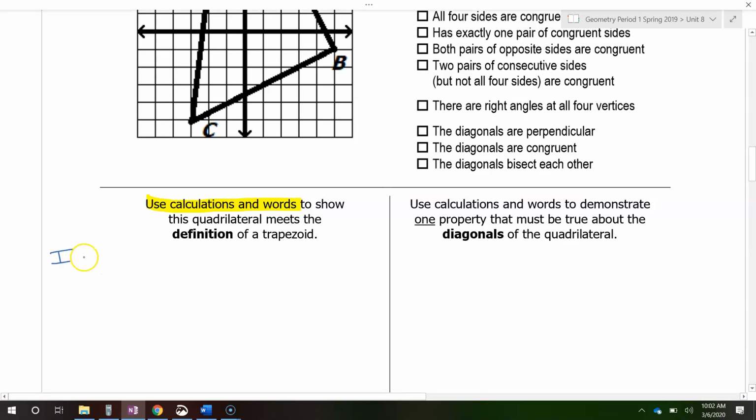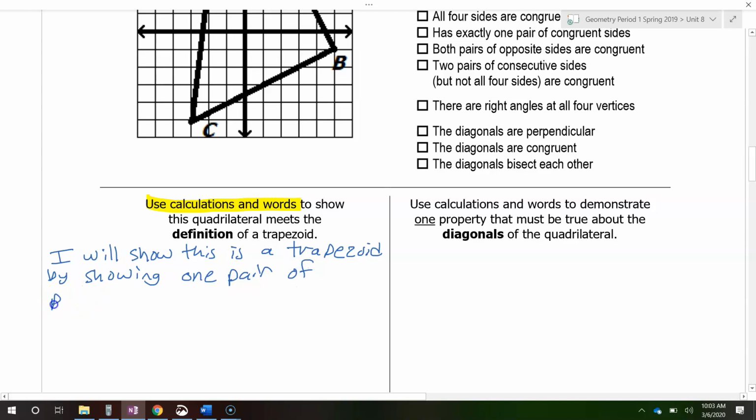I will show this is a trapezoid by showing one pair of parallel sides, and in parentheses I'm going to put same slope.